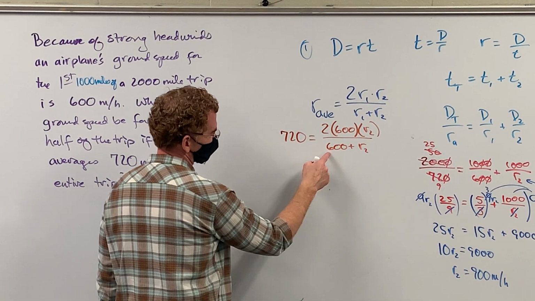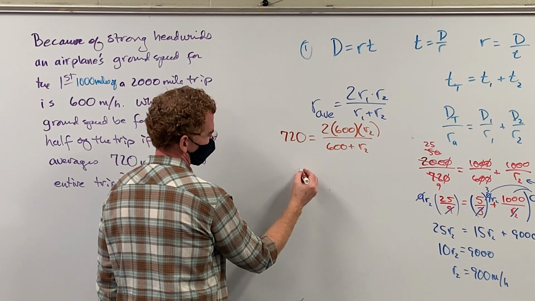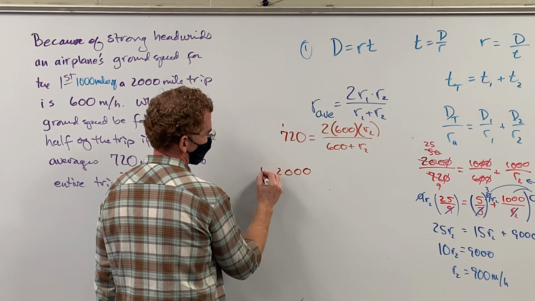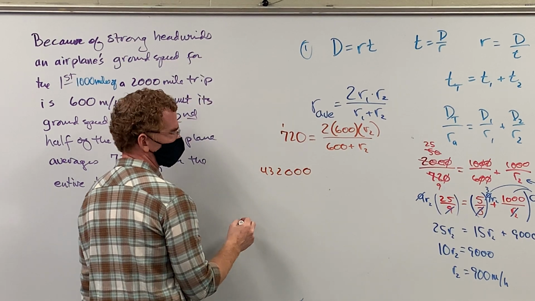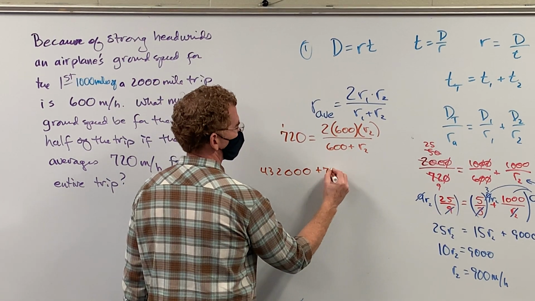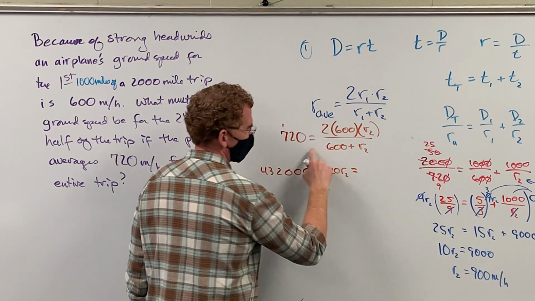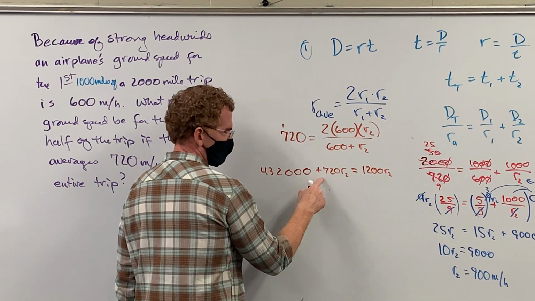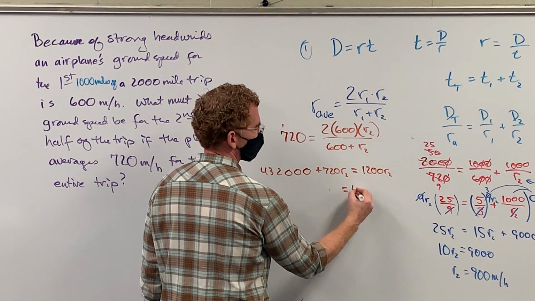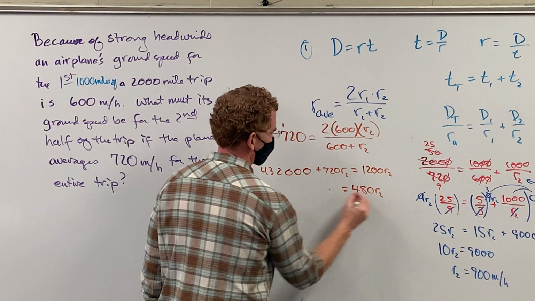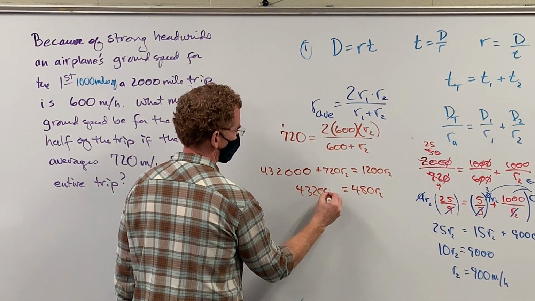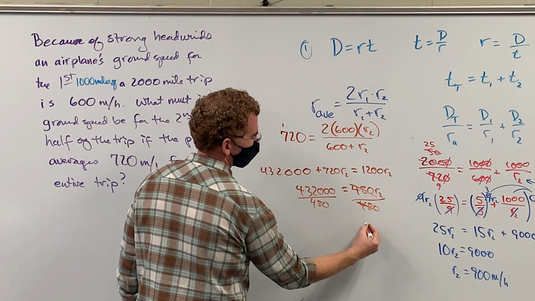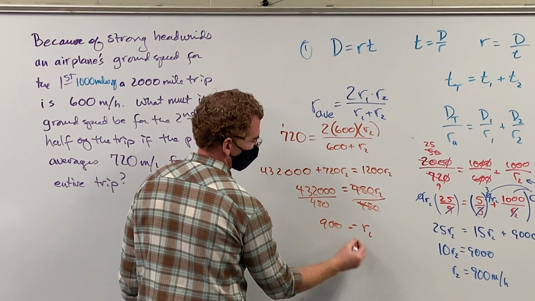Cross multiplying gives me 6 times that. 3 zeros, it's a big number. 432,000 plus 720 R2 equals 1200 R2. Subtract the 720, leaves me 480 R2. And then when I divide by a 480, 900.